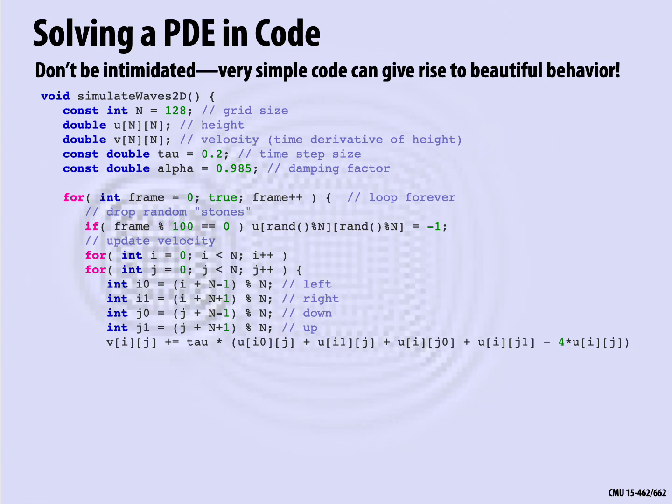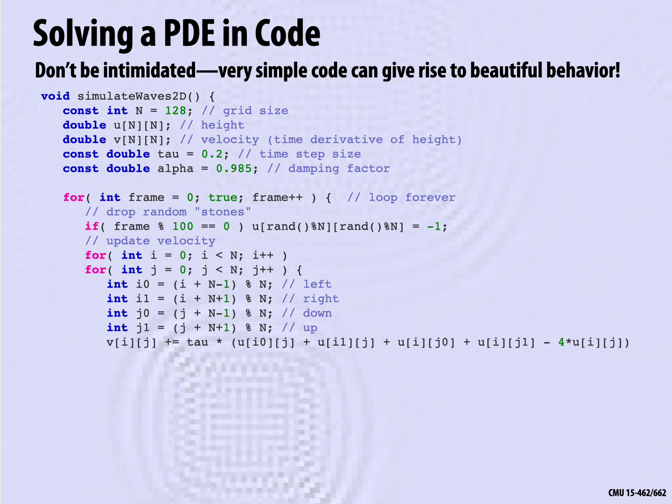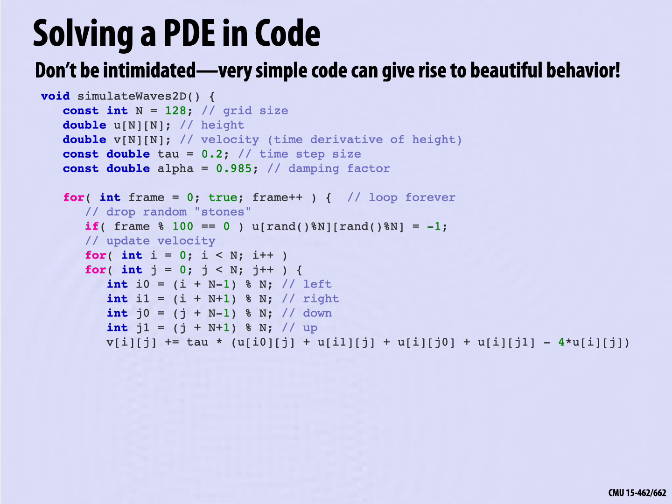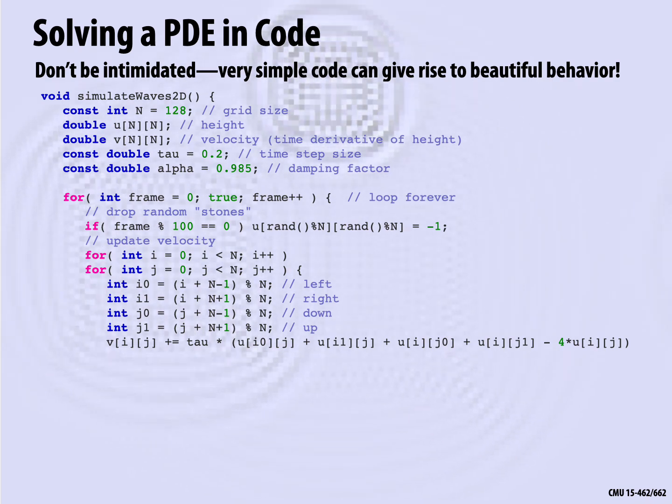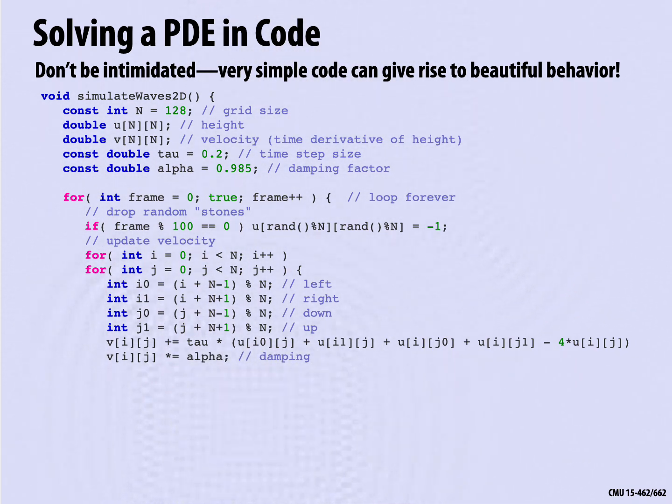So if I'm flat, then there's no velocity, nothing interesting is happening. If I have a big bump, I'm going to add a lot of velocity. That's just like if I toss my stone in the pond, it's going to cause stuff to start moving. If the pond is just sitting flat and still, there's no change. Okay? I'm also going to multiply the velocity by my damping factor just to gradually slow things down over time.